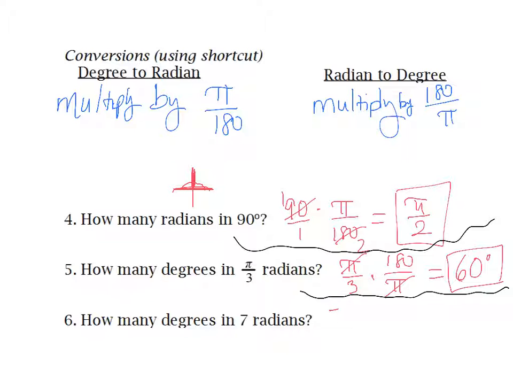If I know the radians, then I'm going to multiply by 180 over pi. I'm going to degrees. I don't want to have pi in my answer. So when I do this, I'm multiplying straight across. You just take 7 times your 180 and then divide it by pi, and we will just estimate it at 401.1 degrees.